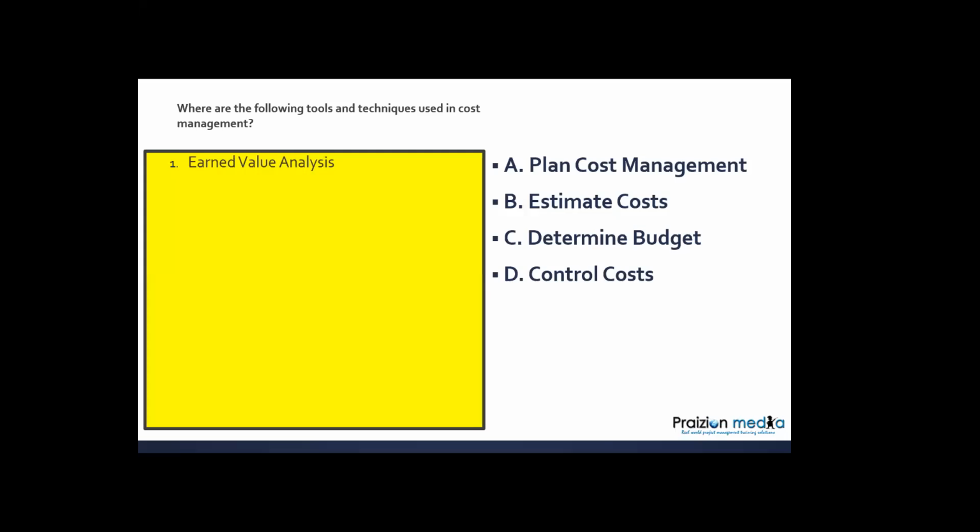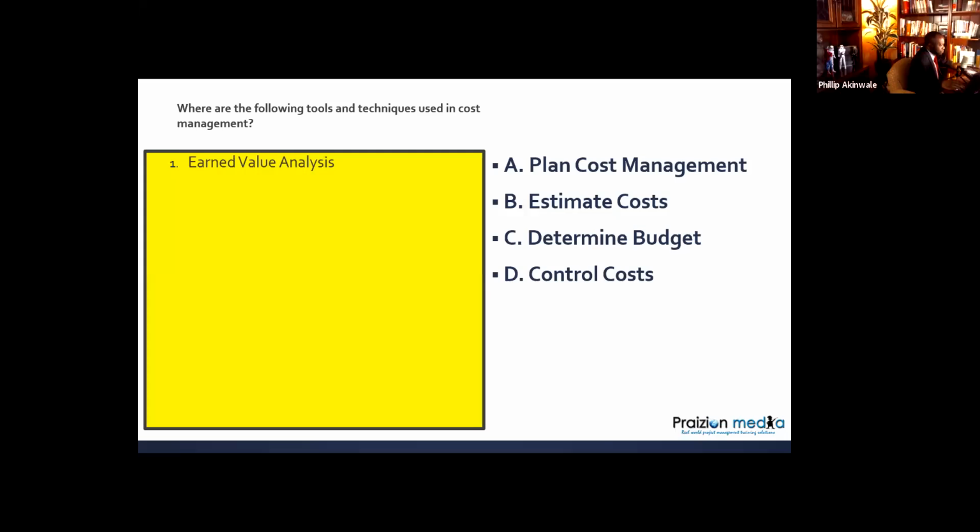Majority of folks chose control cost. That is because earned value analysis is used in control cost under data analysis. So the parent tool and technique is data analysis, and inside that, you see earned value analysis. Well done. Let's go to our next one. 15 seconds. Tell me, where do we use funding limit reconciliation?